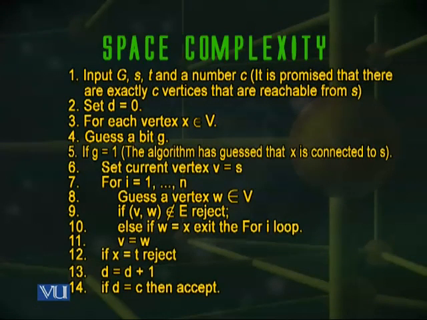At the end of the loop, if X is equal to T, then we were able to find a path from S to T, and therefore we must reject. If that's not the case, we will count one vertex as verified to be reachable from S, namely the vertex X. When this loop ends, we will look at our counter.